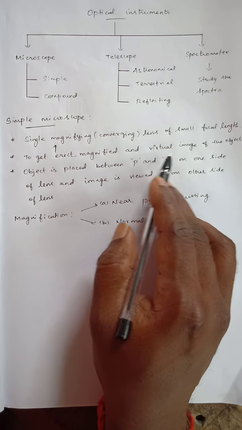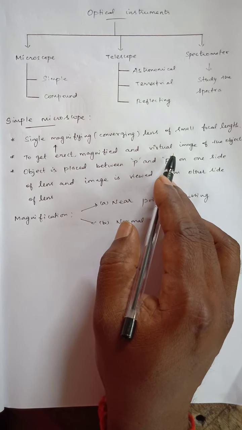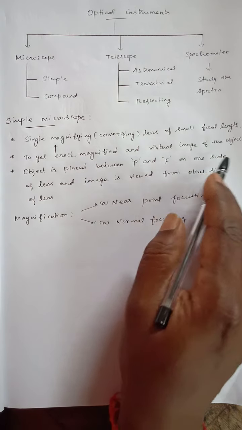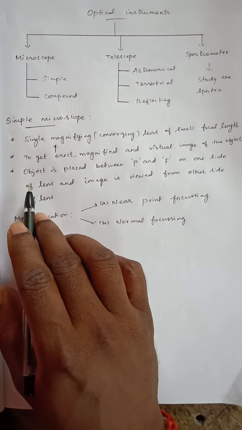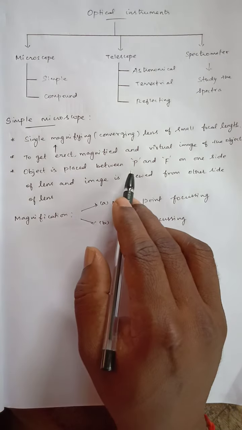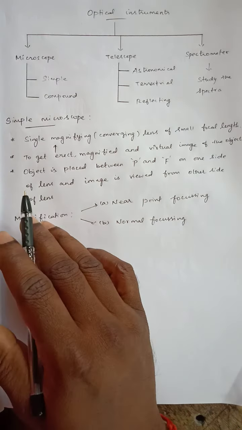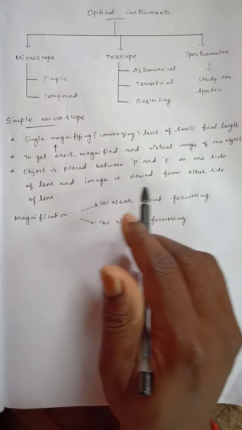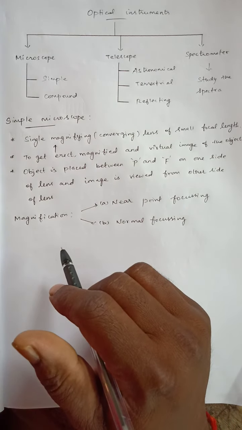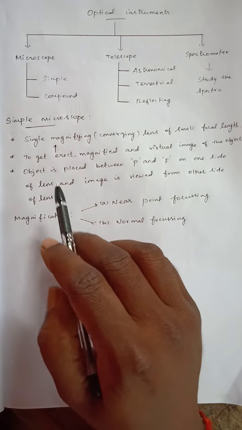Virtual image means the image does not appear on the other side of the lens. Third, we should place the object between the pole and the focus F on one side of the lens, the left side, and the image is viewed from the other side. These three points are important in the simple microscope.